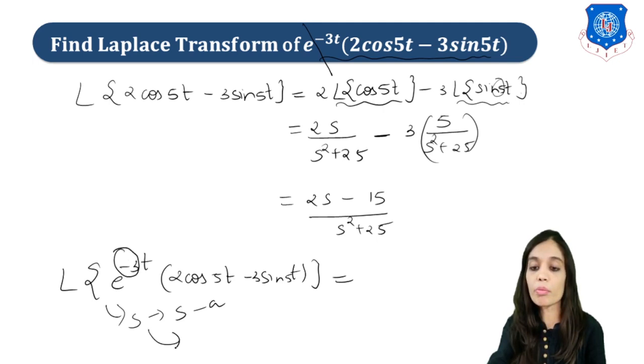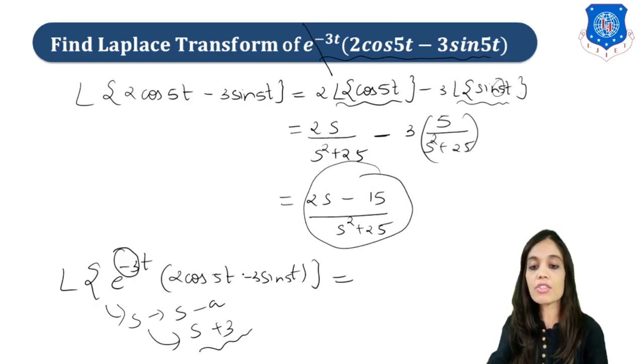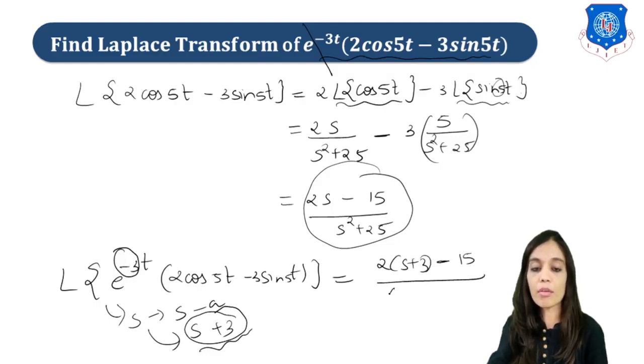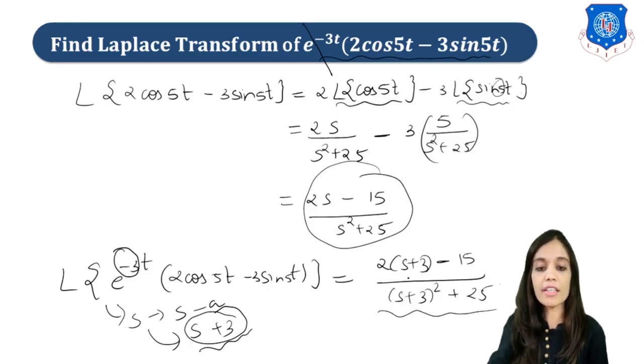Minus 3. So you have to replace s by what? s plus 3. Right? So in this final answer, just replace s by s plus 3. So you will have 2 times (s plus 3) minus 15 upon (s plus 3) whole square plus 25. Right? You can also simplify this and find the final answer, or keep it as it is.